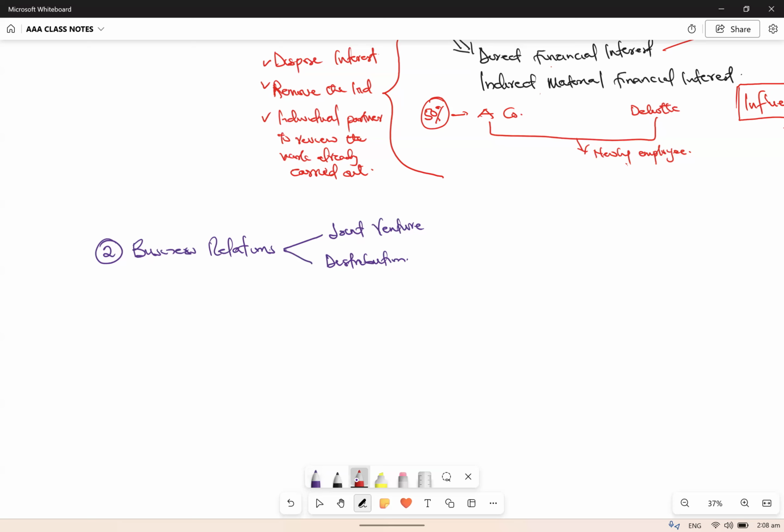Now, in the situation whereby they are doing business together, like the joint venture, they have a partnership in doing any form of business, the safeguard says that you should not participate. No participation. If you are part of the joint venture, then you can't be the auditor, because an officer of an entity cannot be the auditor of that entity. We learned that in regulatory, the things that disqualify the auditor.